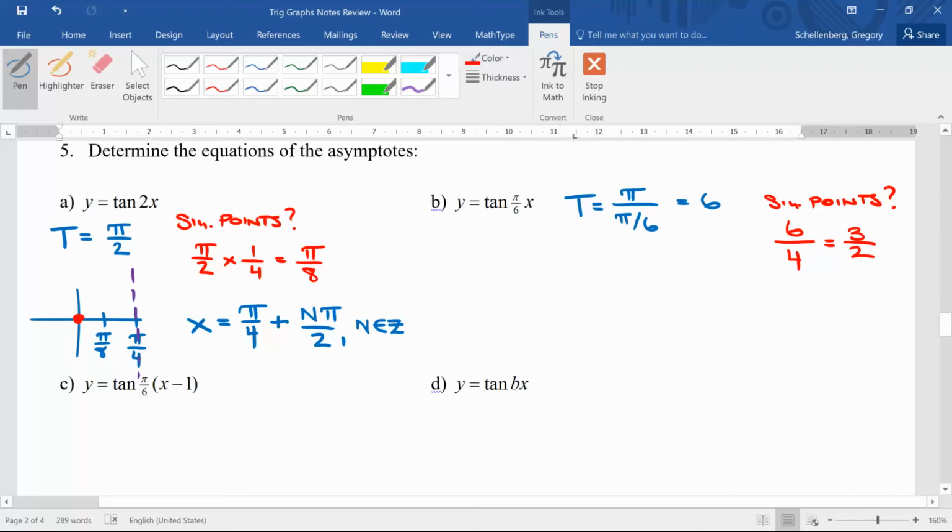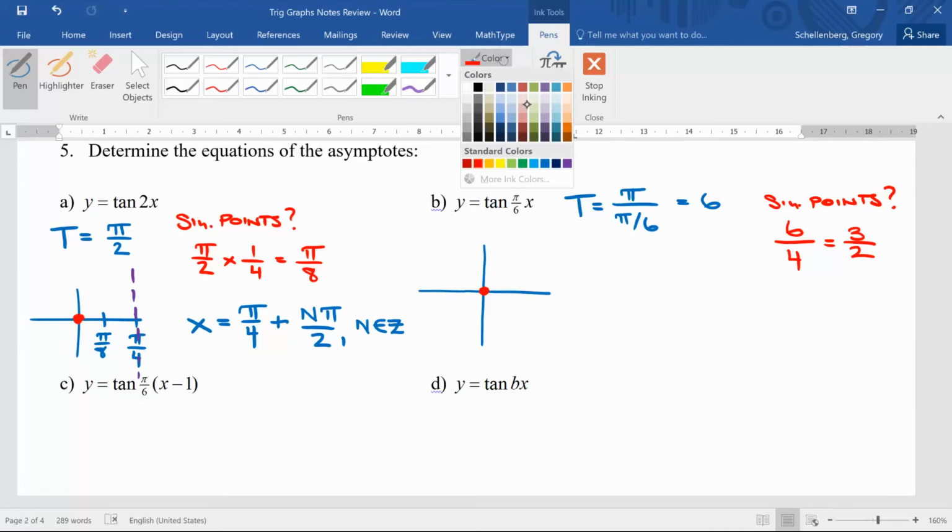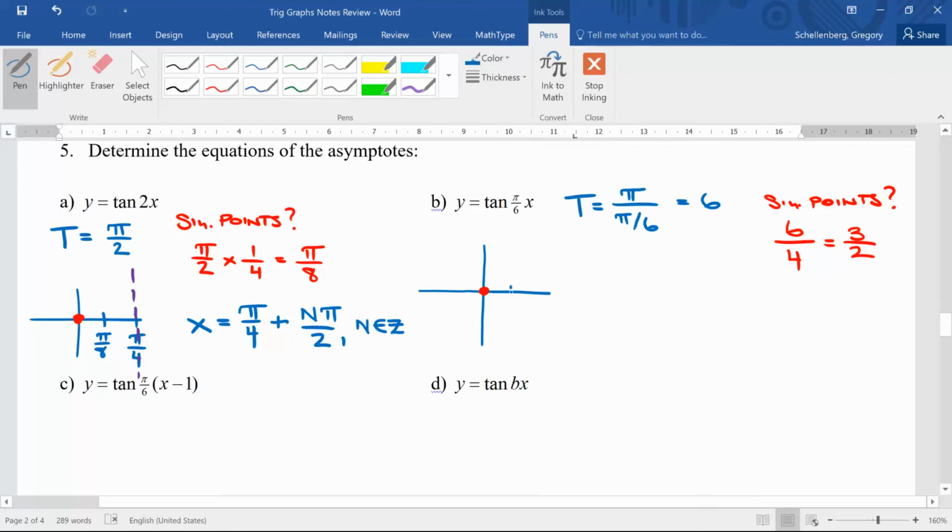Okay, give ourselves a visual. We have no phase shift, so tan starts at a midpoint at 0. One significant point to the right, this is 3 over 2. And two significant points to the right is 6 over 2, which is 3.